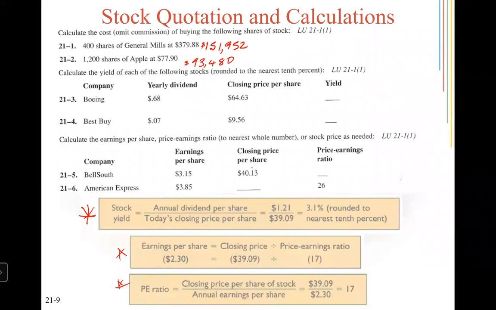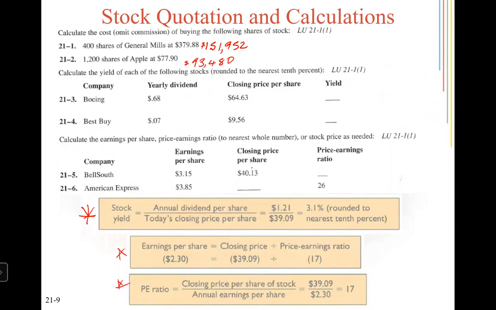Okay, we should be done with that. Okay, let me hear from Ms. Roll. The first, 21.3, what did you get? For 21.3, I got 1.1. That should be a percent. So the yearly dividend is 0.68, and you divide that by $64.63.